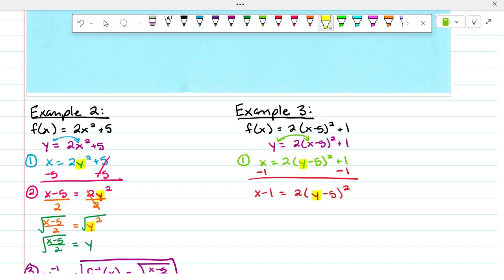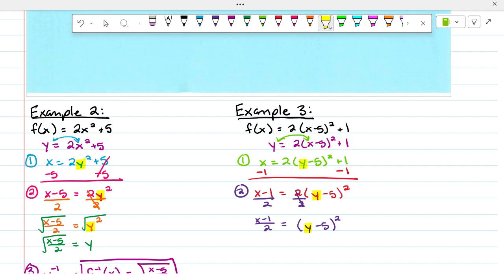Is there anything outside of the parentheses? We can't square root yet because there's something else. The 2. What operation is happening to the 2, the parentheses? What's it doing? Multiplying. So how do I get rid of it? Divide it. So this would be x minus 1 all over 2 is equal to y minus 5 squared.